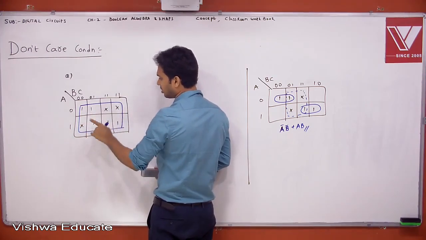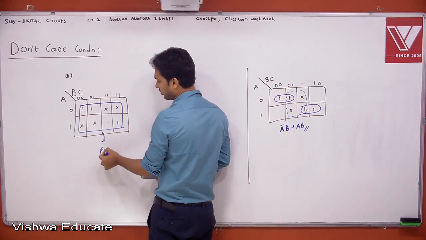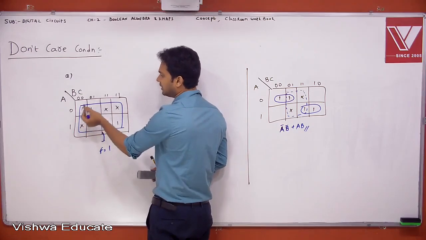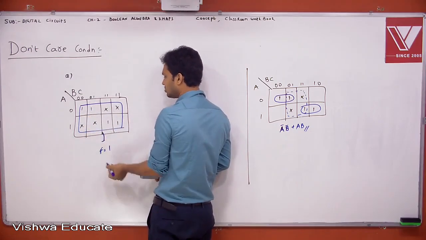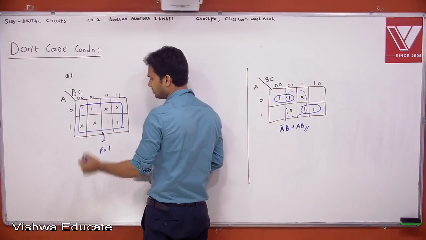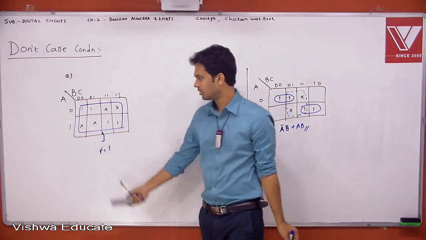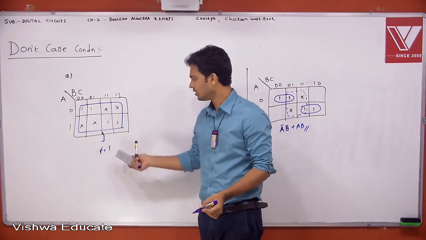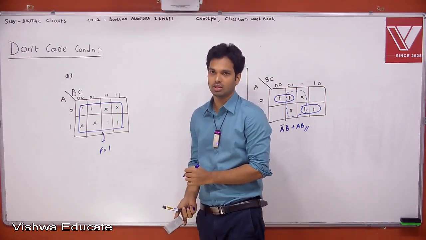In this case, what is the answer? F equal to 1. If you don't consider the don't cares, you will get only pairs. By considering the don't cares, you can form one octet which gives the answer F equal to 1, because the sum of all here will be equal to 1. So here we definitely consider the don't care. Okay, copy it.